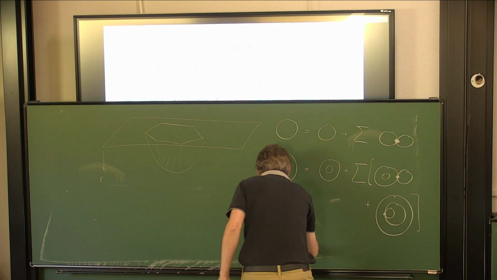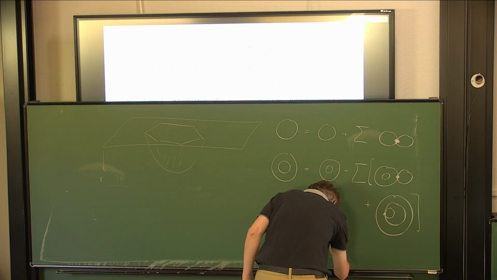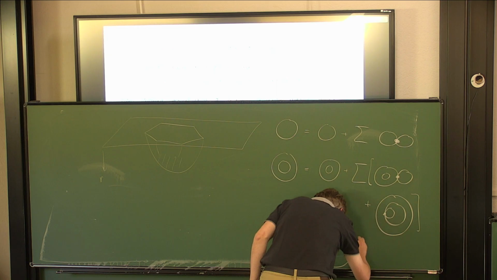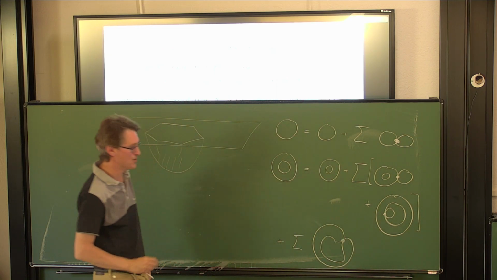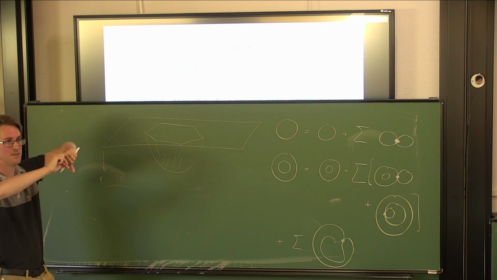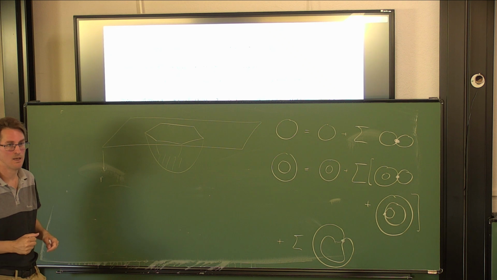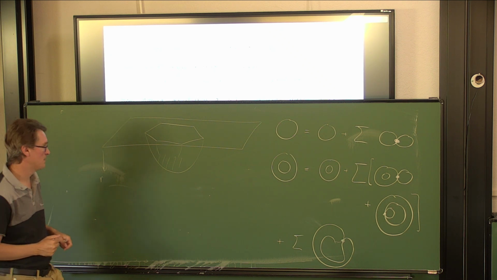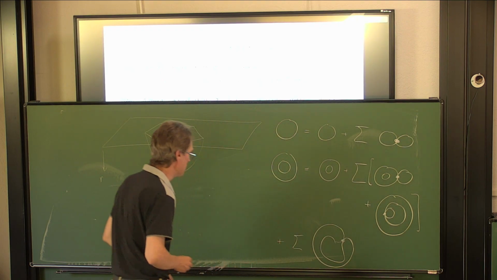And then the new term is terms that look like this, where you take a disk and you bend it over on itself, and you glue it together at some point to do with the intersection point, and you obtain a new contribution to the annulus shape. Okay, so this was the novel term.